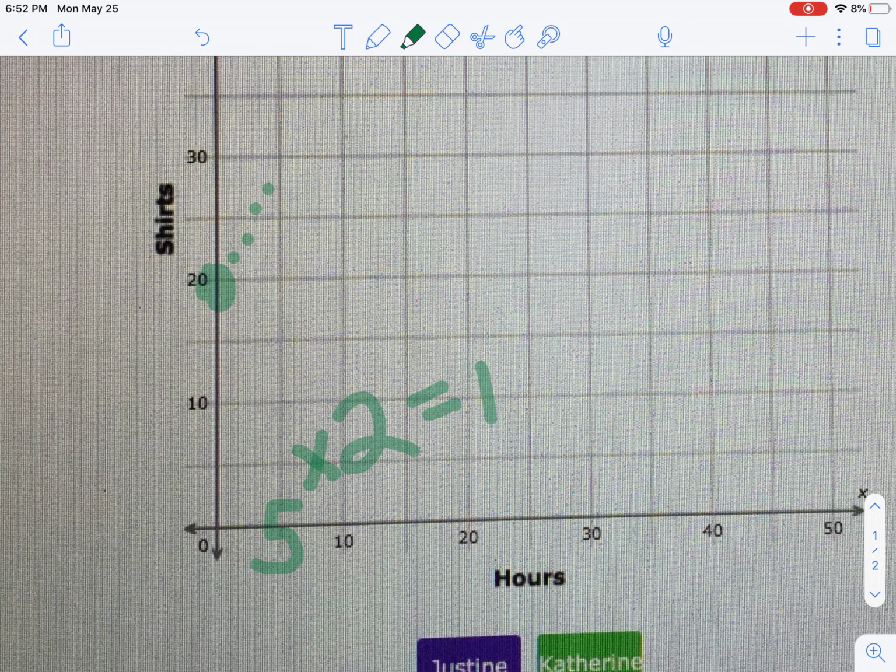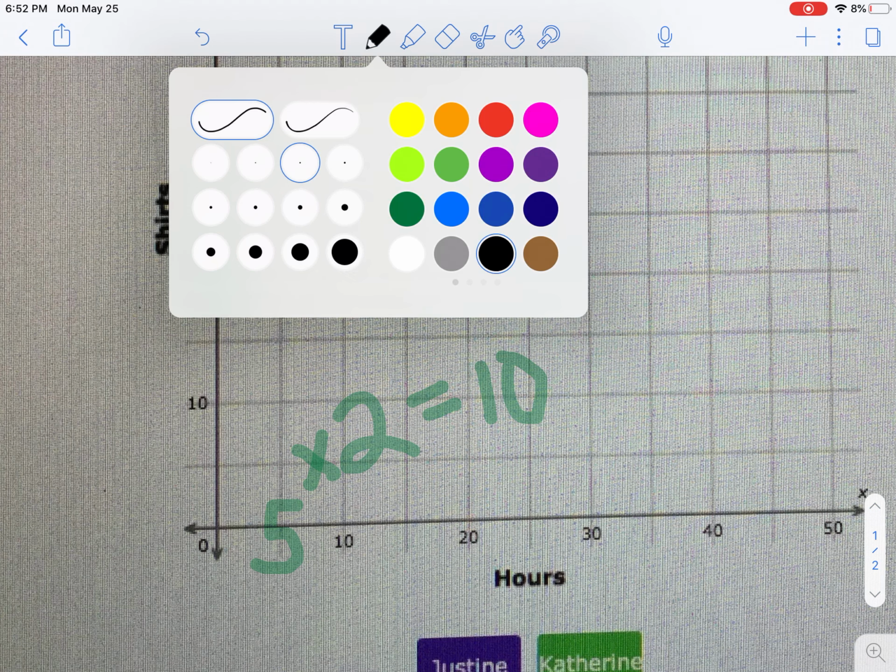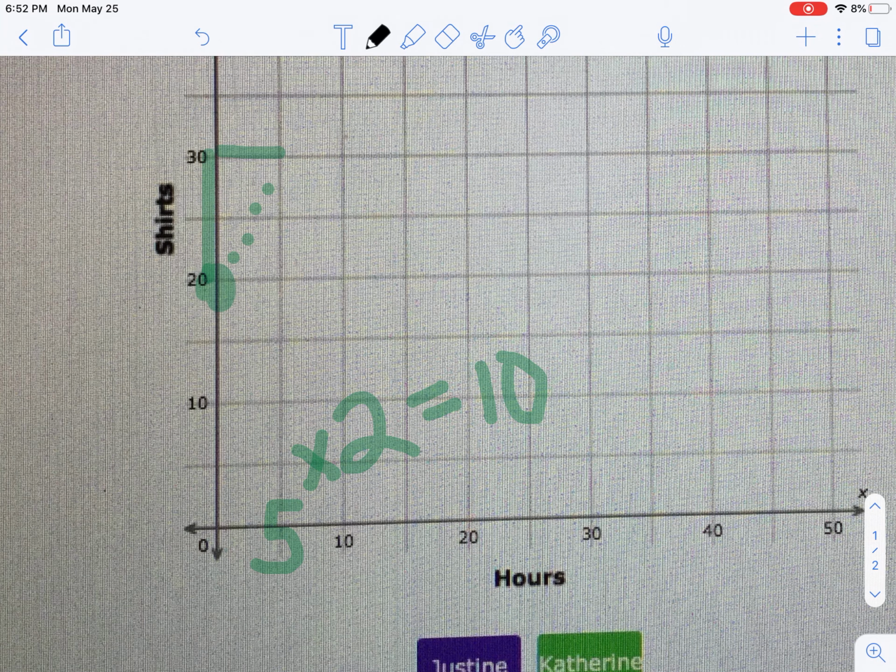So 5 times 2 is 10. So that means from the original point, we go up 10 shirts, and then from there we go over to 5. And that's the exact same answer as we get going dot by dot. It just gives it to us in a way that we can see exactly where the line falls by using the grid lines.